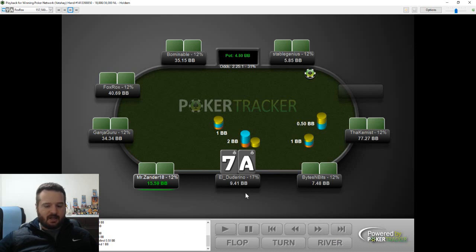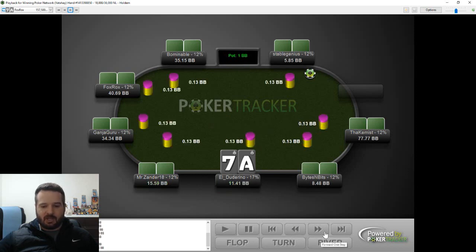I think we're getting down to a stack size where we probably don't want to have a min opening range from under the gun. You could still make an argument for it from the later positions, but under the gun, our range just needs to be super tight to begin with. We've only got almost 12 big blinds.